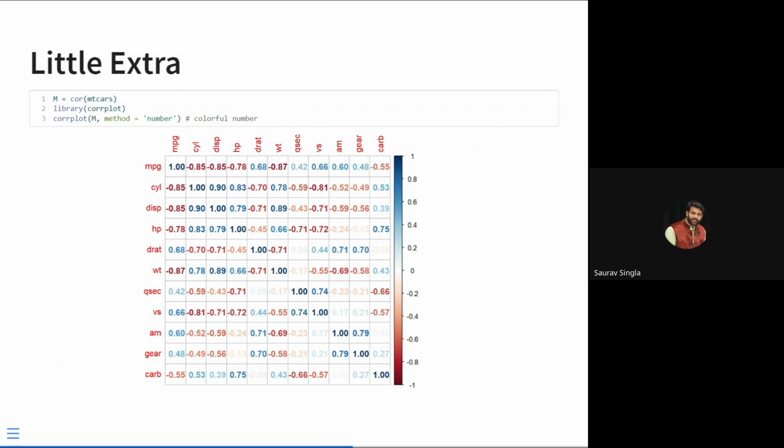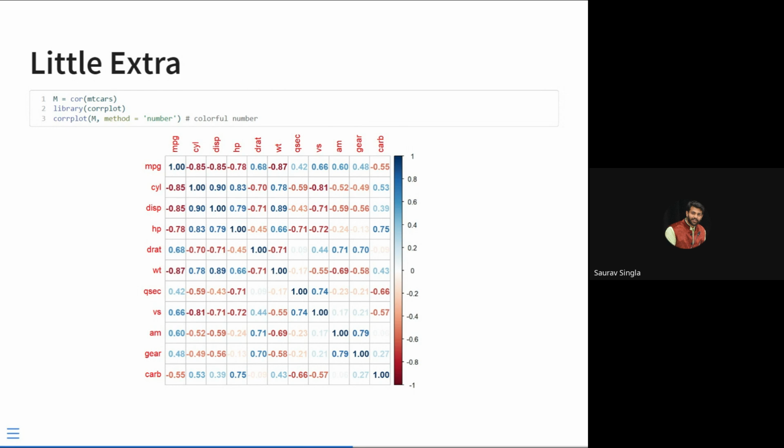There is a library called corrplot in R itself.